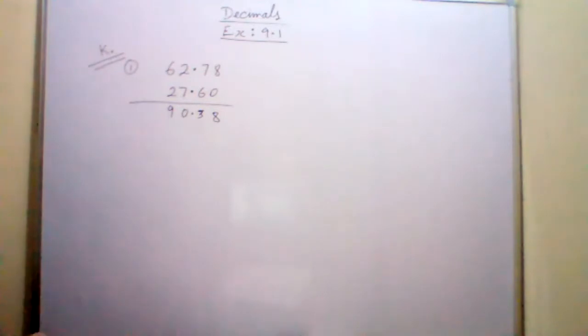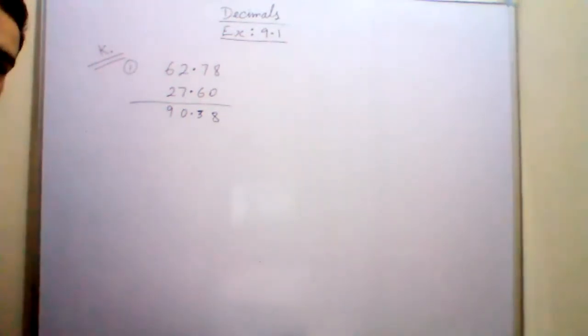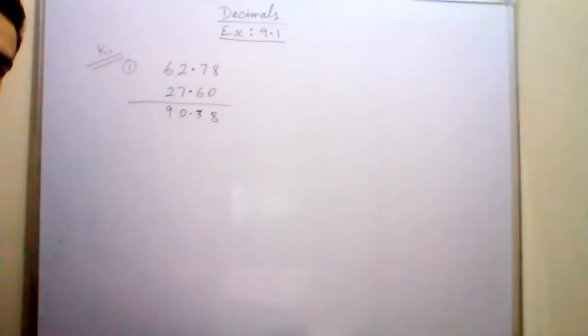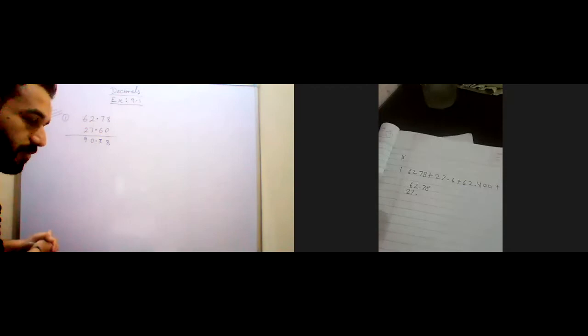Then now you can see this. So 1 digit plus 27.6 plus 62.400 plus 264.20. Let me see your video first. Now show. So there are 4 digits, but you have added only 2 digits. Which question are we talking about?